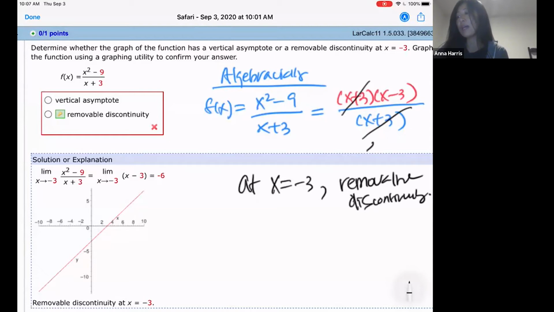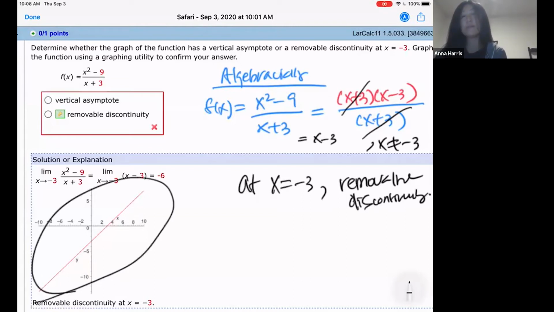But you also have to say x cannot be what? -3. So you will not have a 0 in the denominator. So this graph is actually the same as just x minus 3. That's why you have the graph right here.